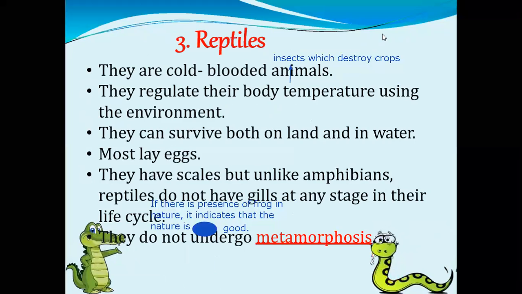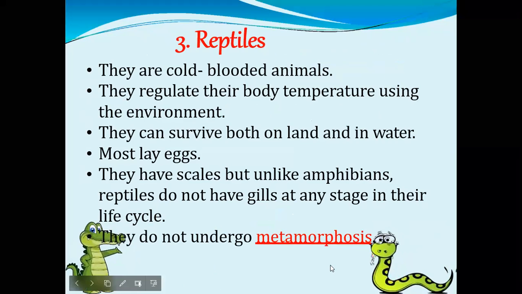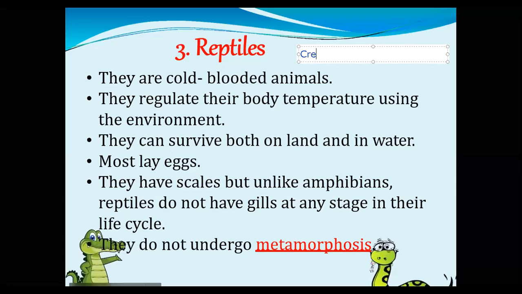Then others. The third group of vertebrate animals is reptilia. Reptilia means that they creep on the ground.